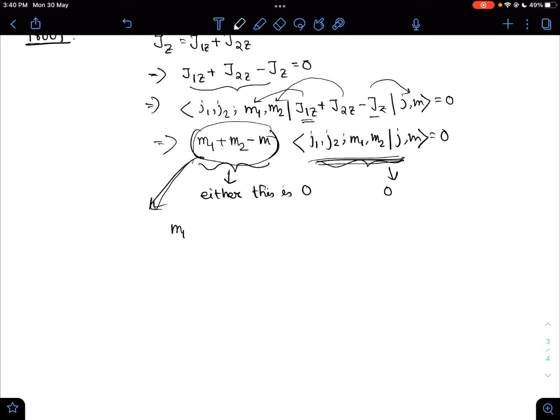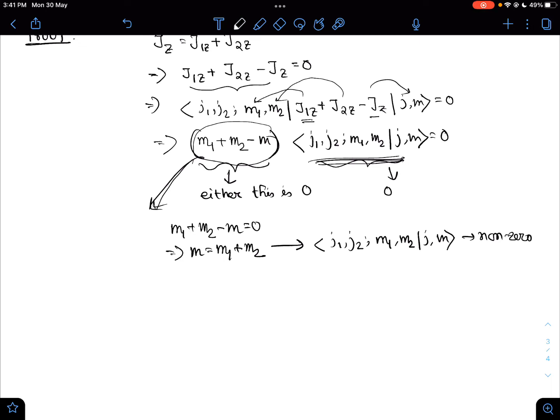That means m1 plus m2 minus m is 0. So m equals m1 plus m2. For that case only do we have <J1, J2, m1, m2 | J, m> to be non-zero.